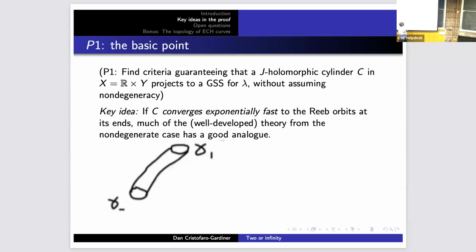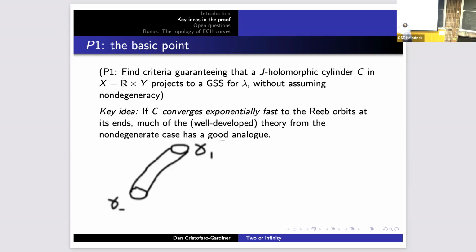You're supposed to imagine this as R cross Y for some degenerate contact form. It's going from one Reeb orbit to another. When I write this kind of picture, I'm saying it's going to converge to gamma 1, but what I'm saying is I actually want it to converge exponentially fast to gamma 1 as I go far enough up in the symplectization, and similarly to gamma 2 as I go far enough down in the symplectization.